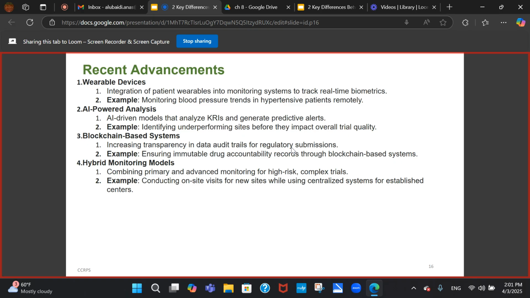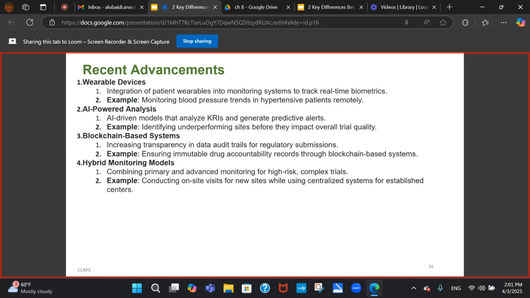Example, ensuring immutable drug accountability records through blockchain-based systems. And many examples can be applied on audit trail, especially with data. Audit trail here is important in order to identify the old data that was modified or changed or corrected.